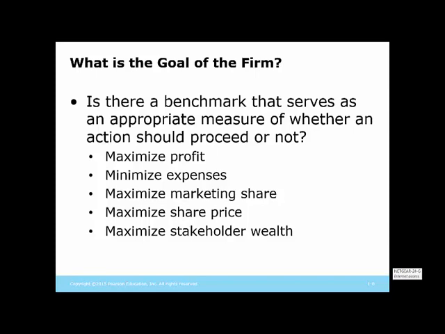There are 5 basic concepts that are all logical. They all make sense. They're all, quite frankly, good things to try to do. But what we want to talk about is a variable. What variable should you use in the decision-making process in order to decide whether a project is a good project or a bad project?